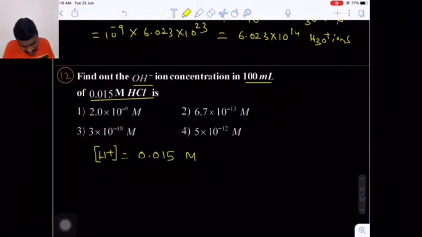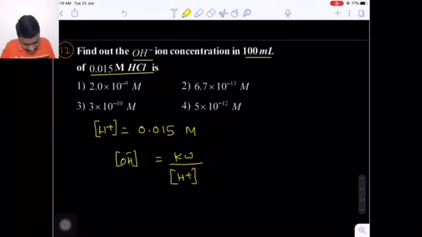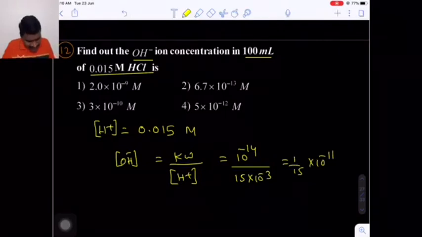It is Kw by the H+ ion concentration. Yes or no? What is the Kw value? By default we consider 10 raised to minus 14, because the temperature is not given, it will be room temperature. Divided by the H+ ion concentration, which is 15 into 10 raised to minus 3. So I am writing 1 by 15 into 10 raised to minus 11.